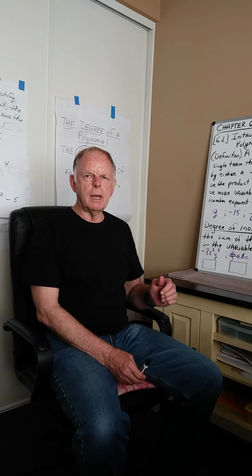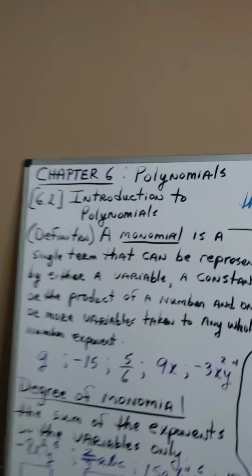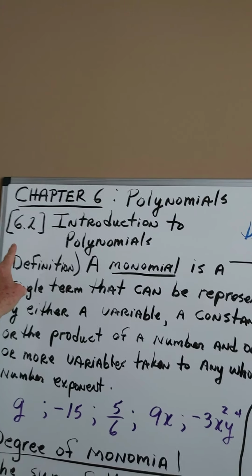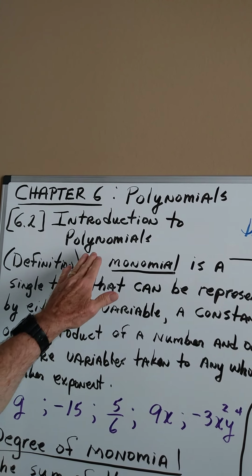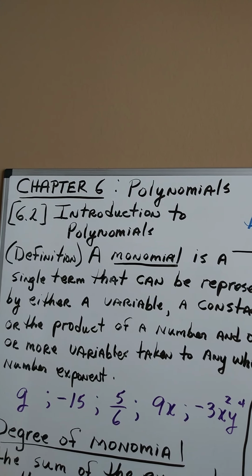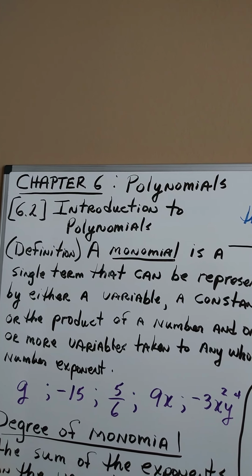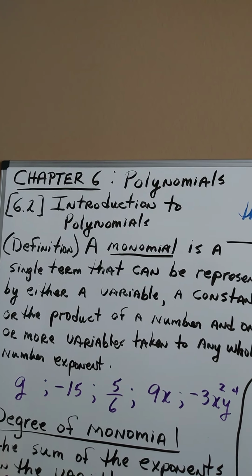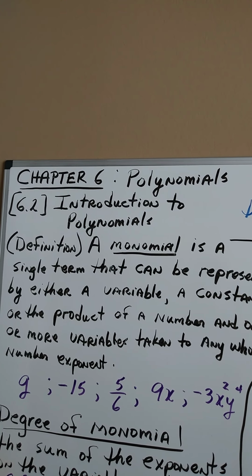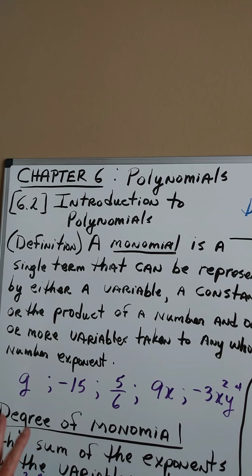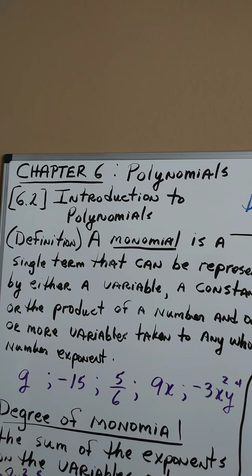Now we're going to begin in 6-2 of Chapter 6, and 6-2 is an introduction to polynomials. What we're going to be doing in 6-2 is defining some specific concepts pertaining to this topic called polynomials, so we'll want to stay close to some of the key vocabulary that's going to be delivered.